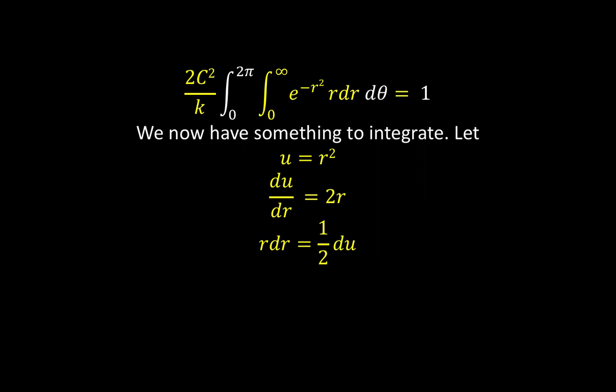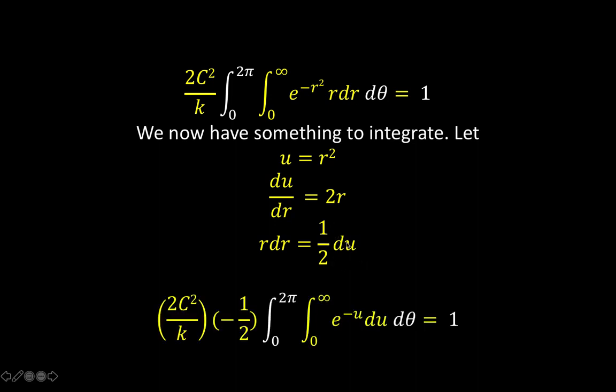We are interested in finding the value of r dr, so we can replace it by this value. So using u substitution again, the integral at the top can now be replaced by the integral at the bottom, where e raised to negative r squared r dr d theta is replaced with e raised to negative u du d theta.